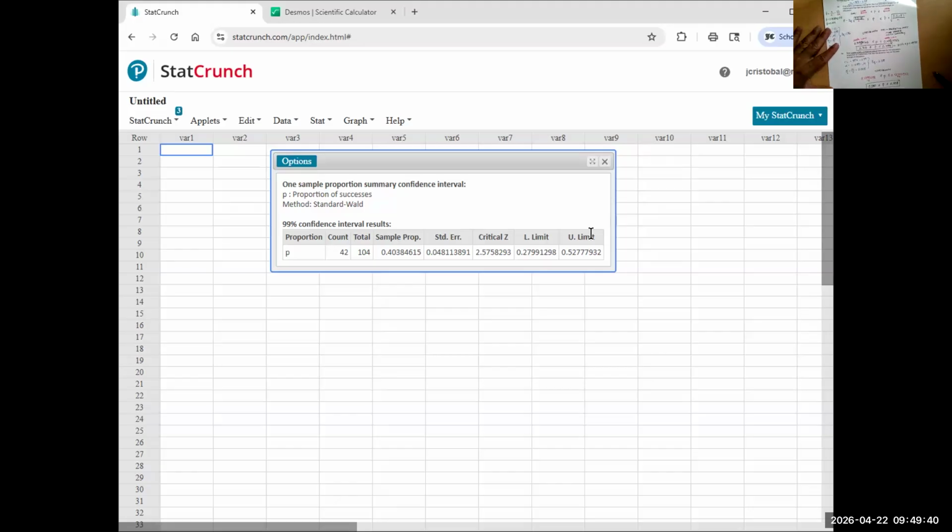Right, and again, if we do it as a percent, 28.0% for my lower bound, that lower limit, up to possibly 52.8%, right? And so with 99%, I'm going to be more sure that we include the possibility of having our population proportion in our interval estimate.